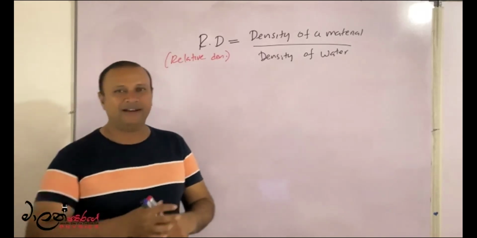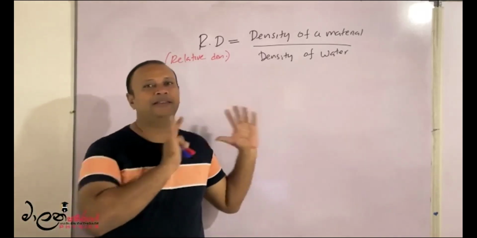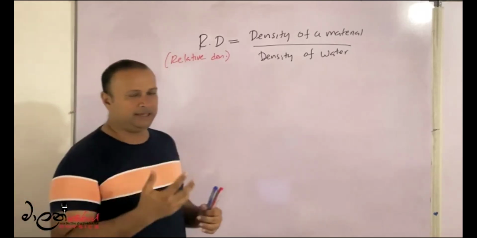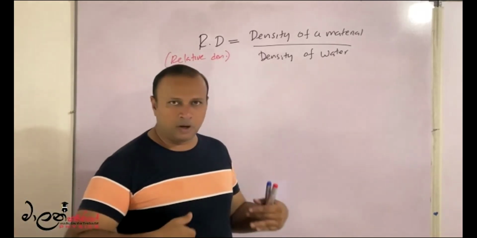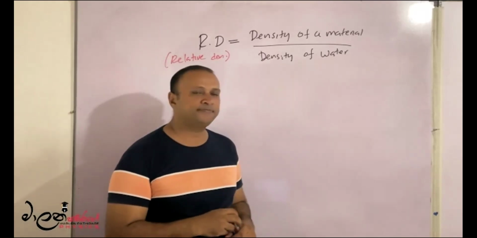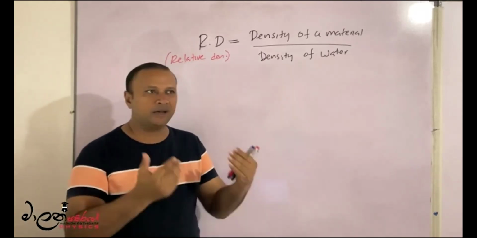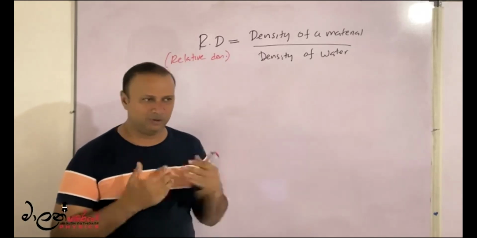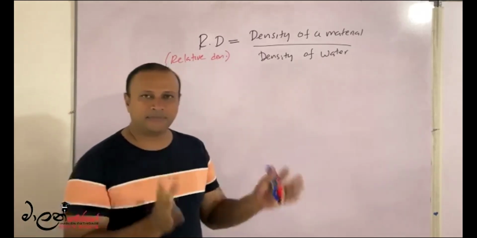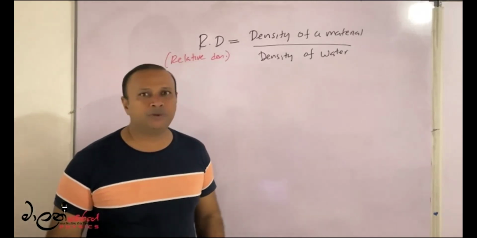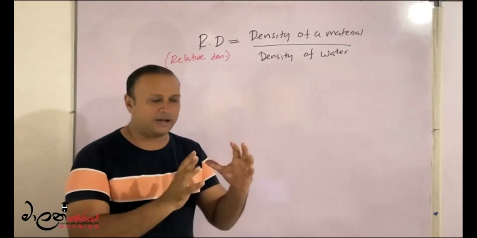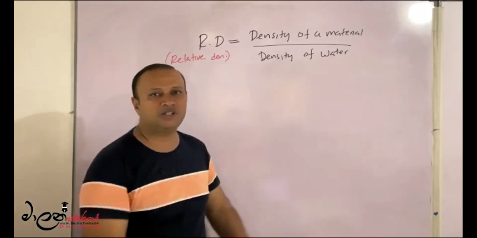So relative velocity means normally a motion is measured relative to an observer. Any motion is measured relative to an observer. That means motion is measured only by an observer.